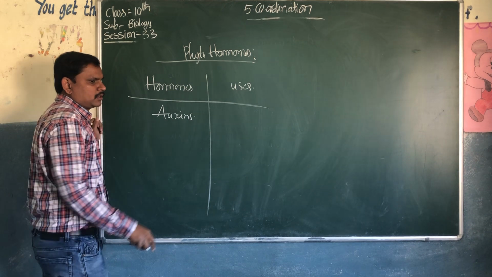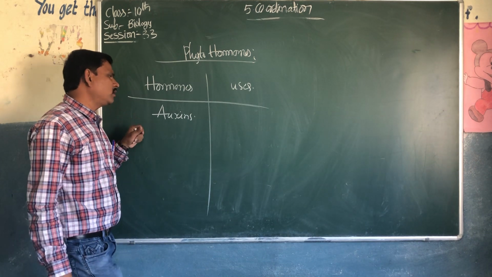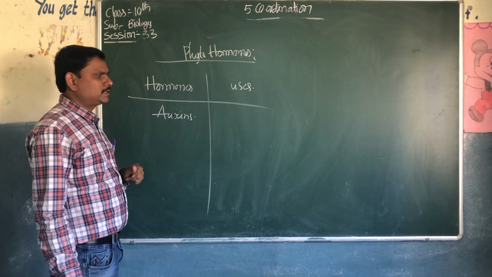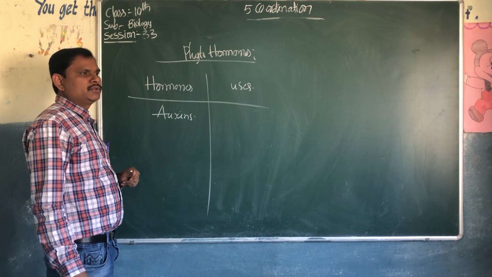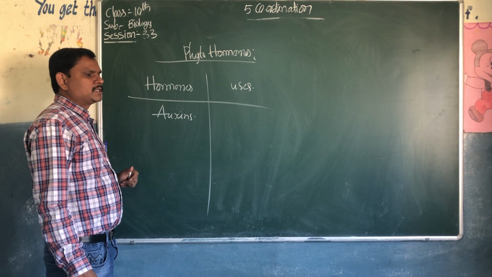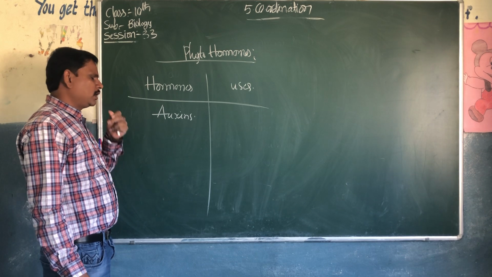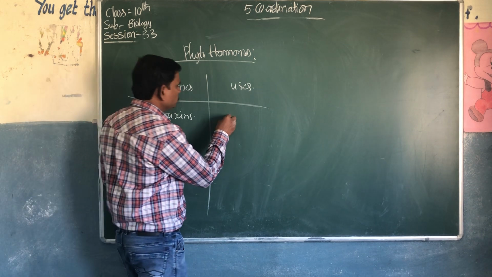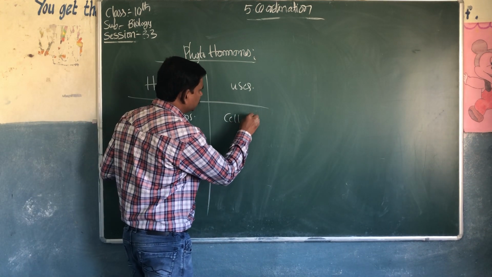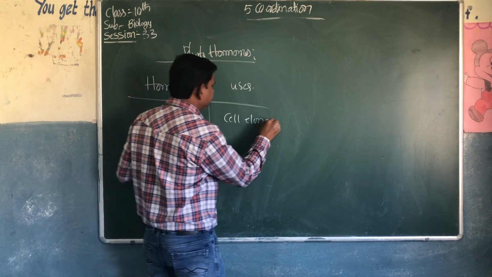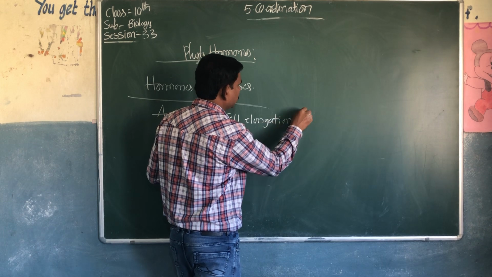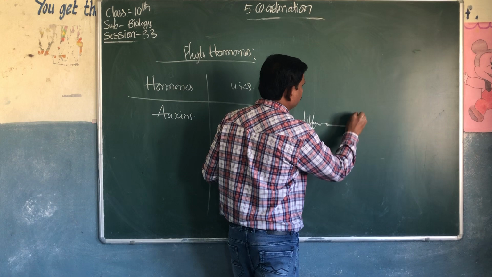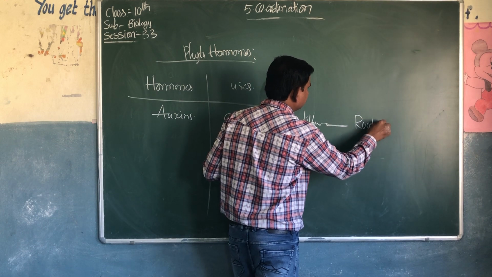When auxins are released in the plants, they are very, very useful. They cause cell elongation and differentiation of the root and shoot system.